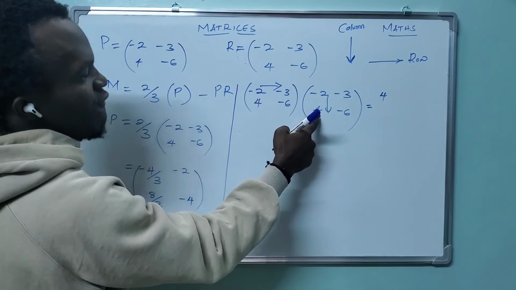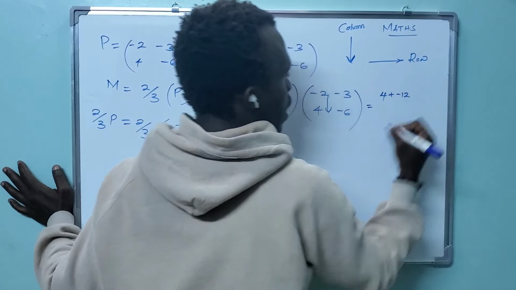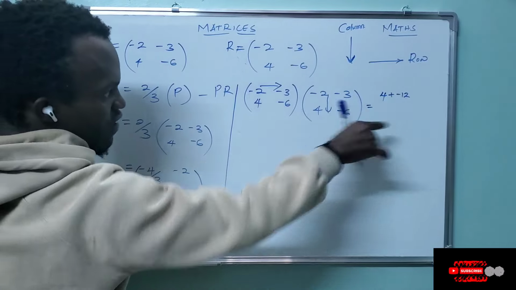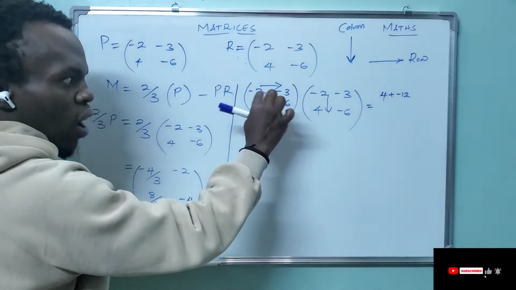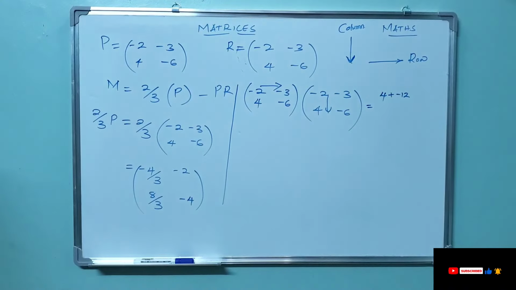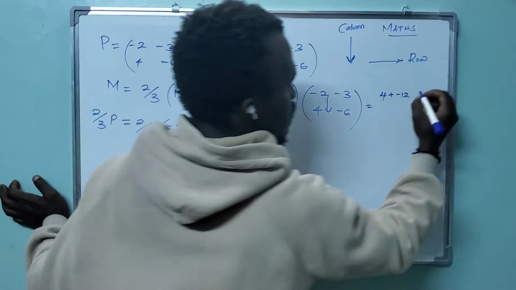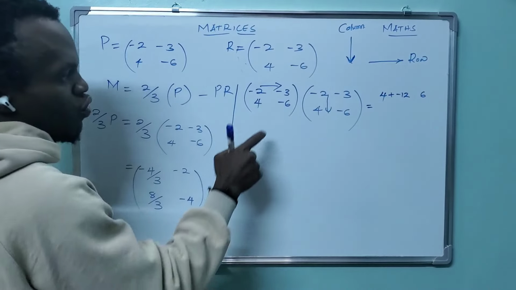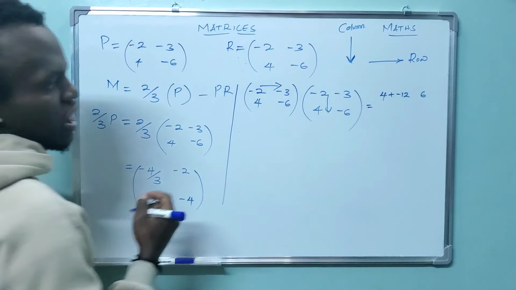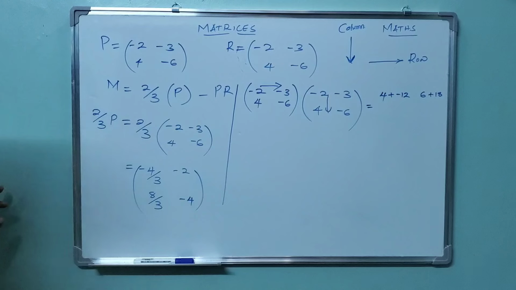Negative 3 multiplied by 4 is negative 12, so plus negative 12. Then we go to the second column and the first row. Negative 2 multiplied by negative 3 is 6. Negative 3 multiplied by negative 6 is 18, so plus 18.